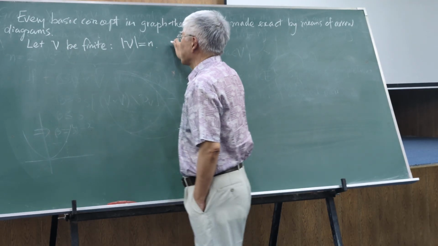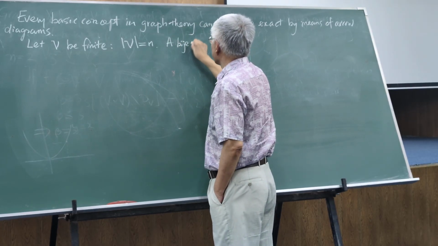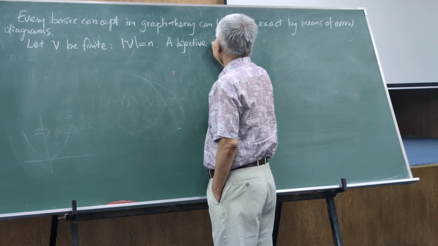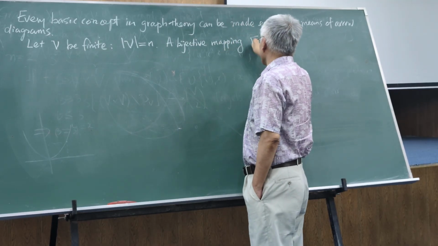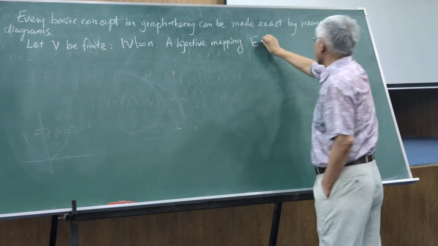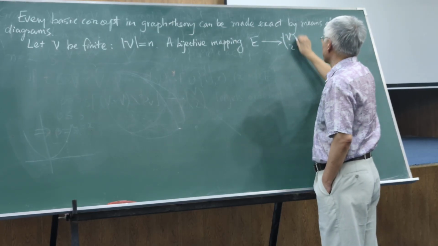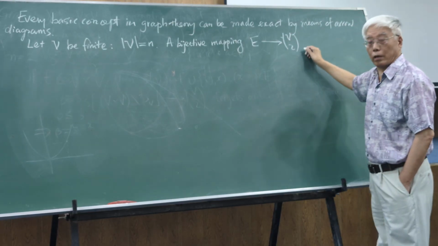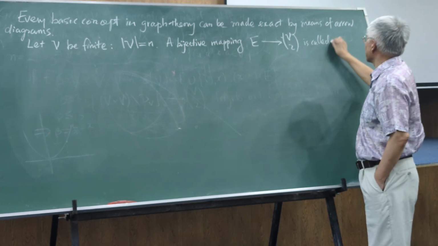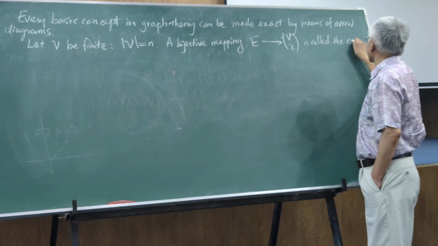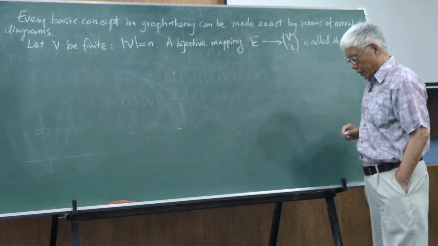Then a bijective mapping from E to B cross B choose 2 is called the complete graph, the complete graph of order n.